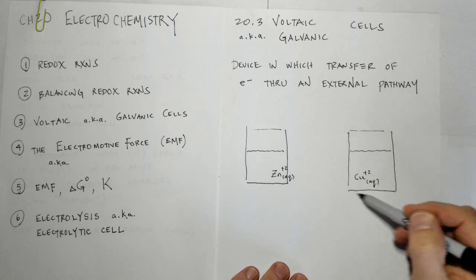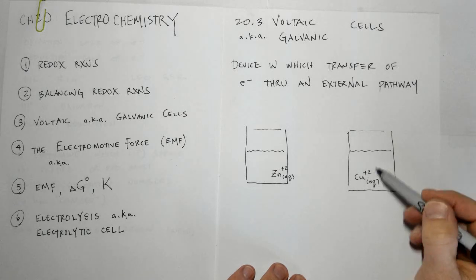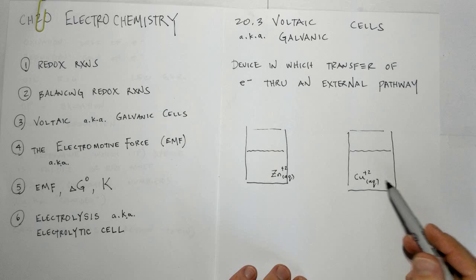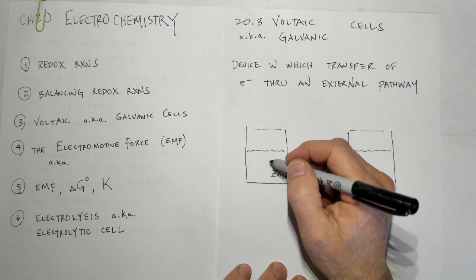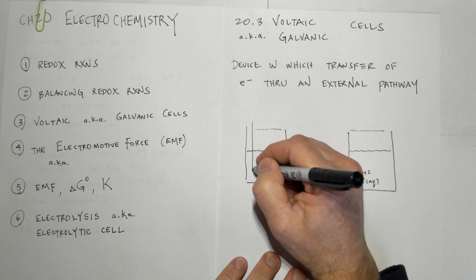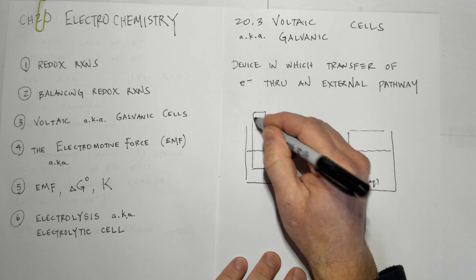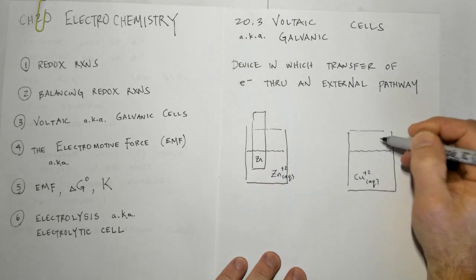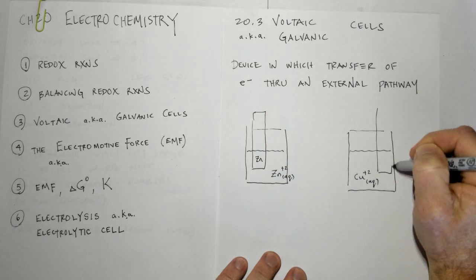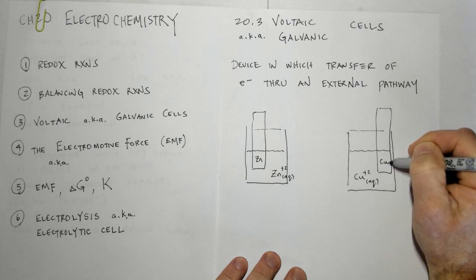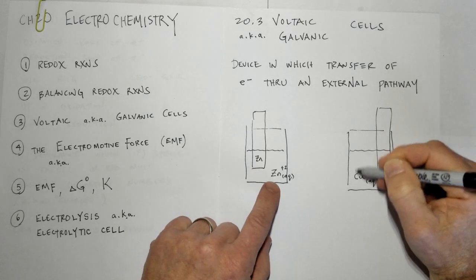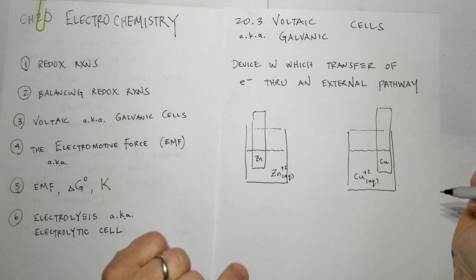And then over here we're going to have another beaker, and this one's going to have copper ions or copper nitrate. And then we're going to put a piece of zinc solid inside of here. And then over here we're going to put a piece of copper solid right here. Two dissimilar metals in contact with their ions.